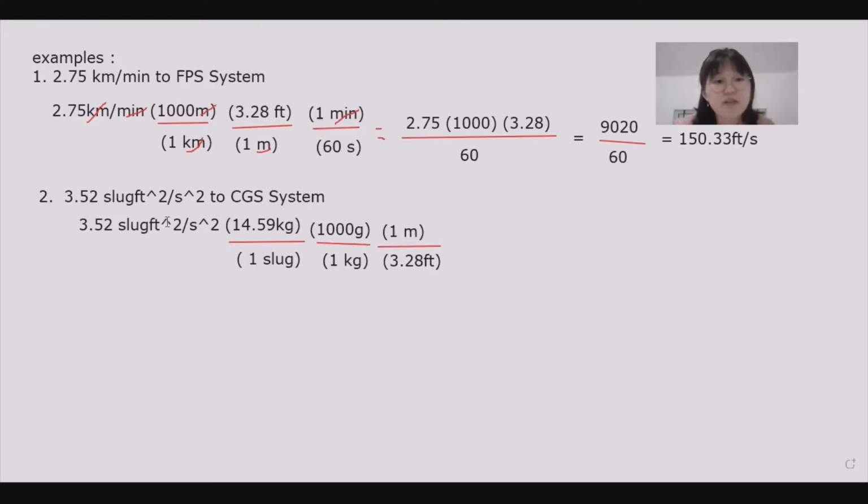Because in this question the feet is squared, so we need to square this.